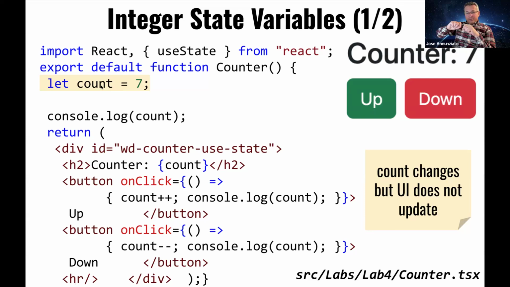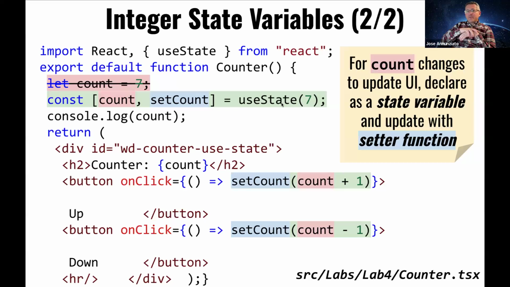But if we need to not only declare variables, but also be able to modify these variables and also let the rendering engine know, hey, this change is worth your while to re-render the screen, the way we do that is by instead using the useState hook. The useState hook is part of the core React library, and it's used for declaring variables that we know are going to change over time.